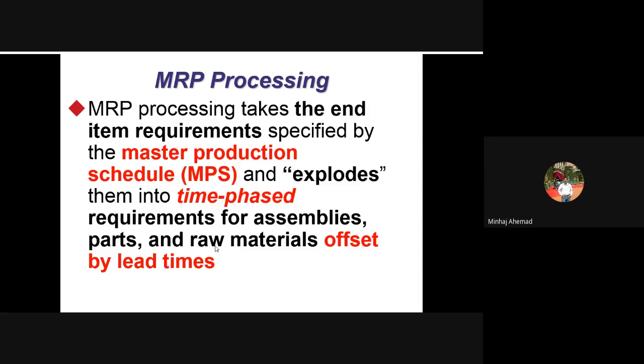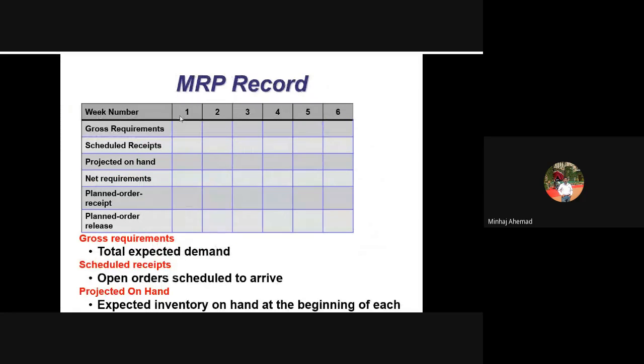So MRP processing takes the end item requirement specified by the MPS and explodes them into time phase requirement for assemblies, parts, and raw material offset by lead time. These are the week numbers.